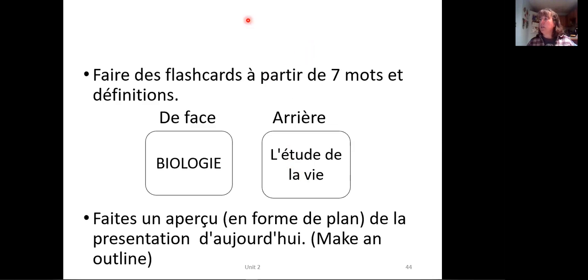So I'm going to stop sharing for a second. I want you to get a piece of paper out of your notebook. So just rip out a plain piece, or get a plain piece of paper. And then you're going to fold it in half. You can fold it again and again. Flashcards can be any size. I'm going to make small ones by folding this paper.